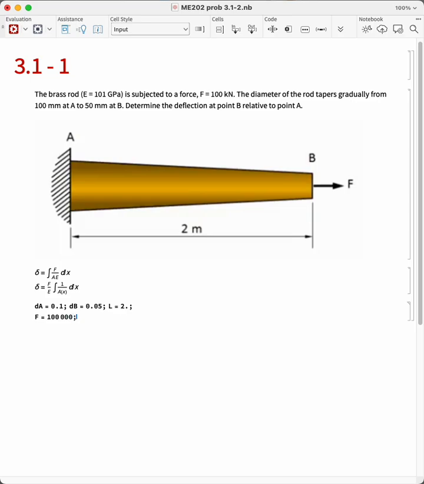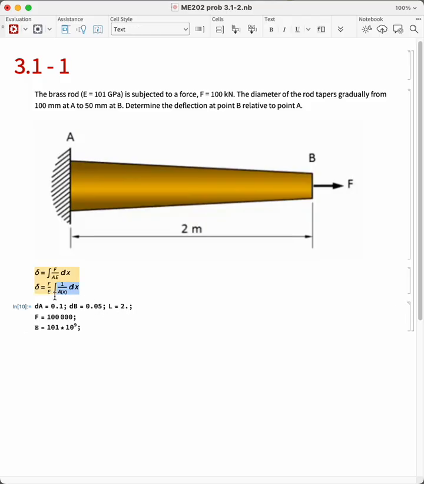So we're doing everything in meters and newtons. And I know that the Young's modulus is equal to 101 giga, so that's times 10 to the ninth, and that would be newtons per square meter or pascals, right? So there are the known quantities right there.